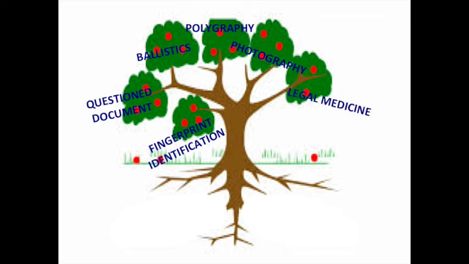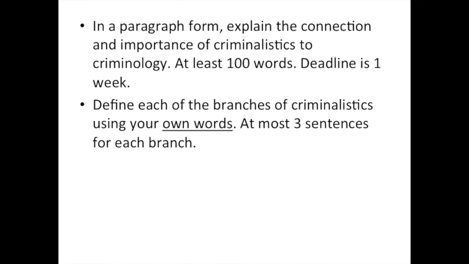In legal medicine, this talks about the application of medicine in law. So these are the six branches of criminalistics for us to study if you want to be a criminalist.